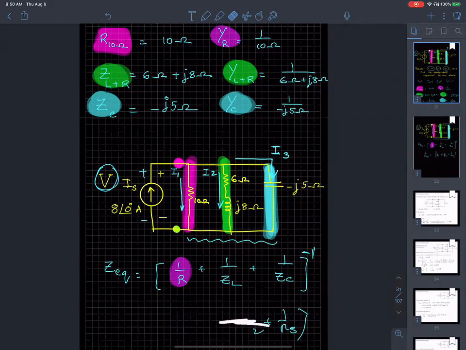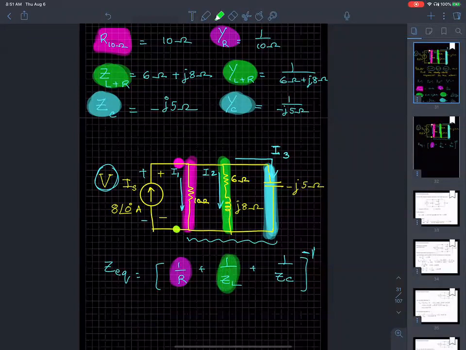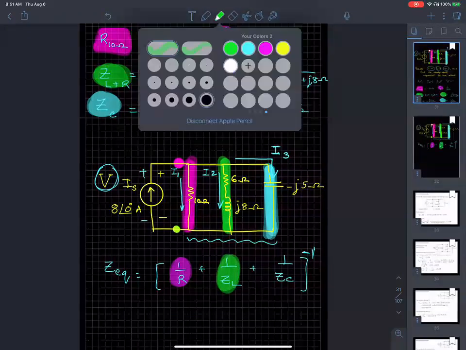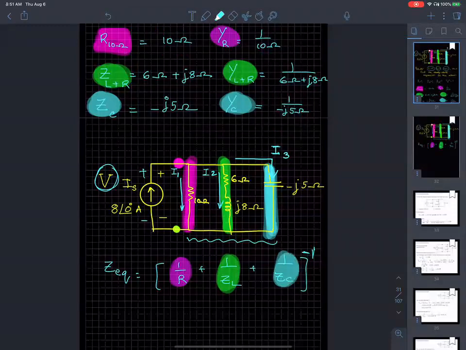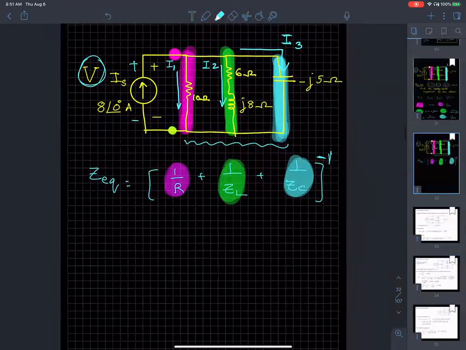In the frequency domain, when you account for complex j frequencies, you can simply treat these impedances as complex resistors. So there are three branches, and corresponding to those three parallel branches, I have three impedances.